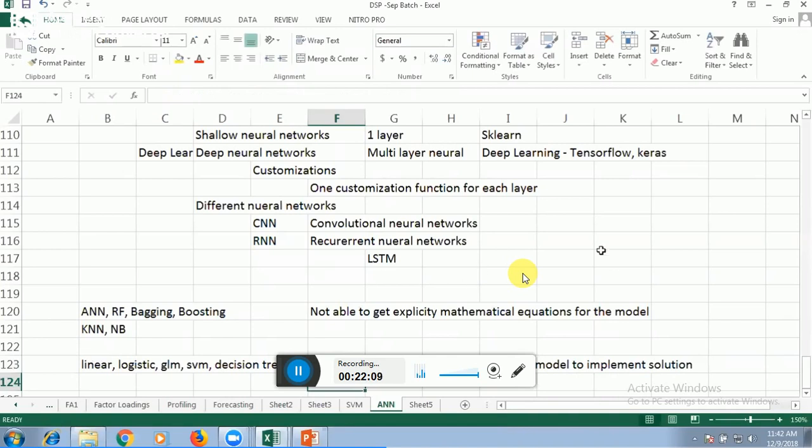Perfect, guys. So now you're clear on what a neural network is, how we can implement it, etc.